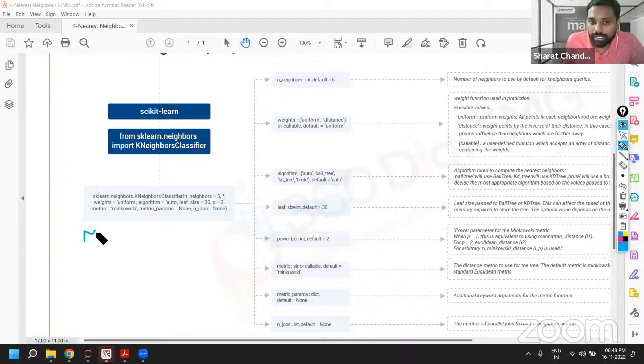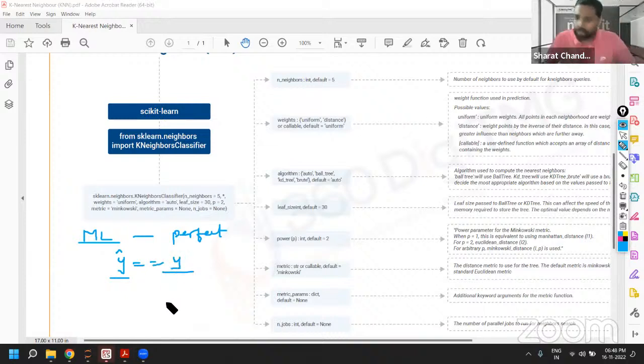What we need is a machine learning model which can give us a perfect result. That means the output variable that you're predicting should be equal to your actual value. And we try to tune the algorithm until we reach that best accuracy. Theoretically, that best accuracy is nothing but your actual output.